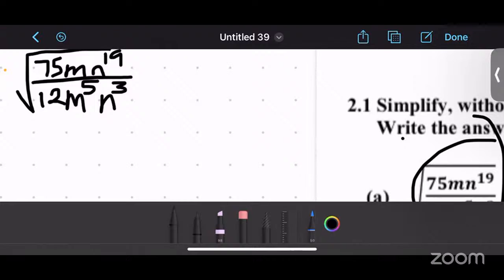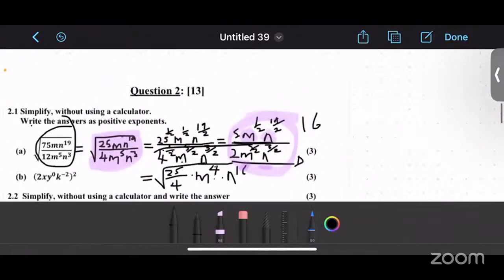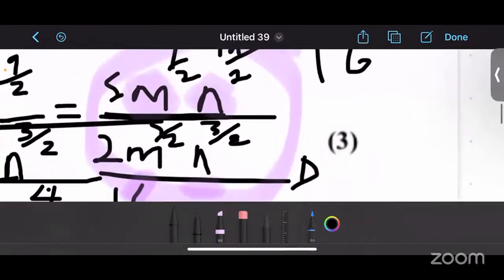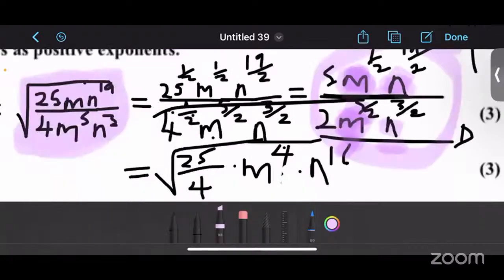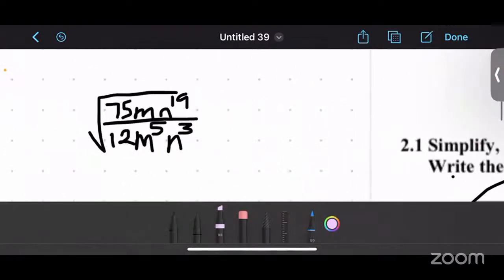Zira, when I look at it, I can simplify it further because I have m and m that can be simplified. Remember, when you are dividing, you subtract the exponents. Same thing with the n.